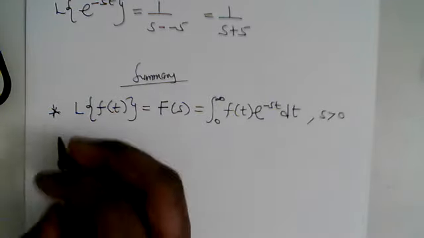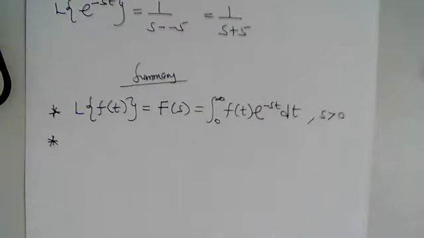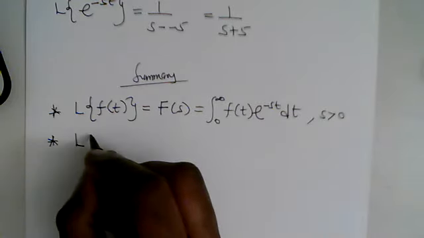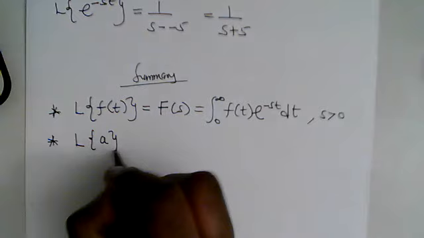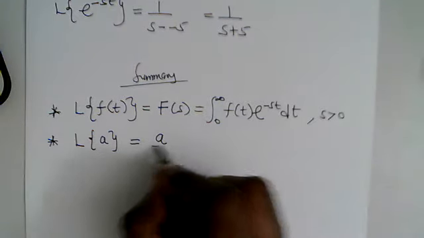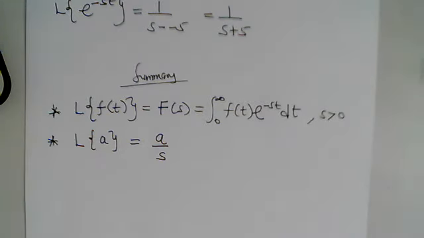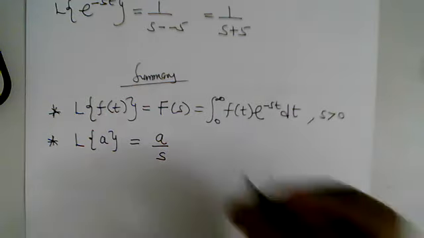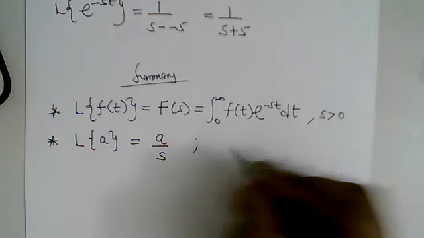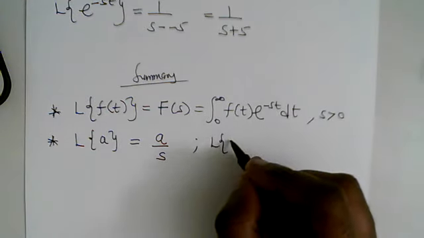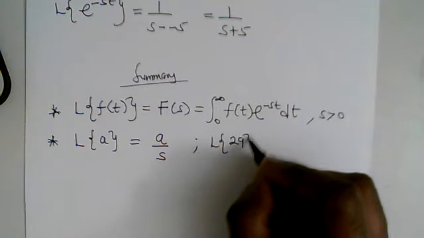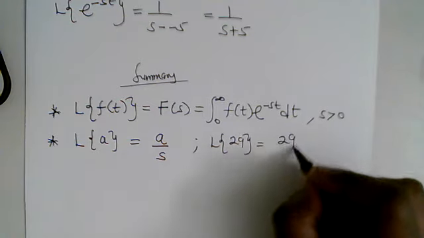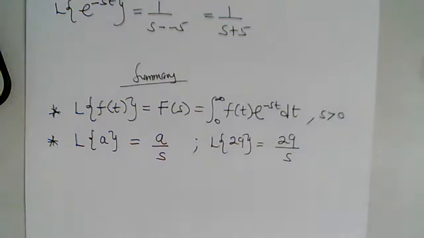The next thing we looked at is finding the Laplace of a constant. We saw that the Laplace of a constant a is a over s. So the Laplace of a constant is the constant over s. With this, the Laplace of 29 is 29 over s.